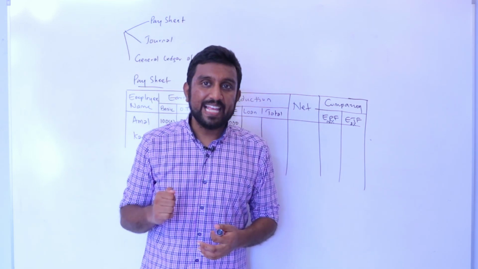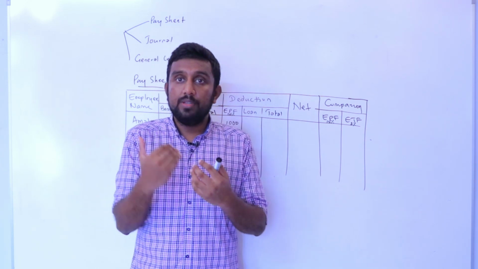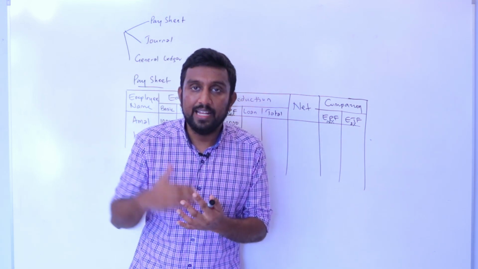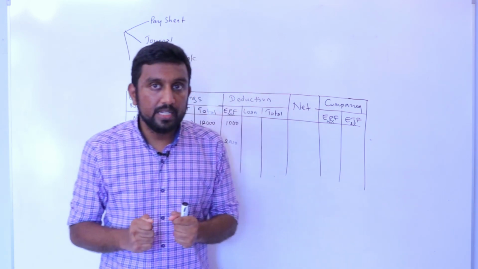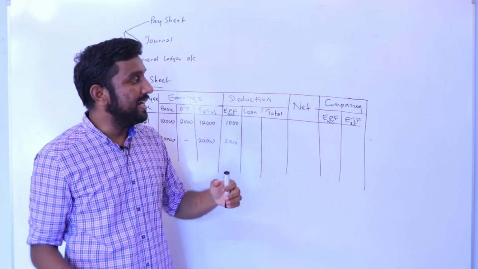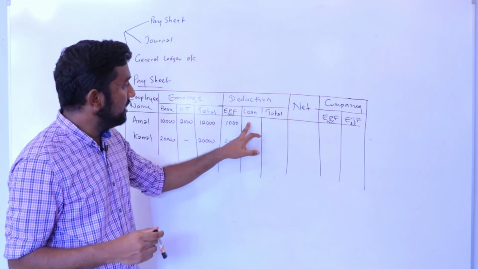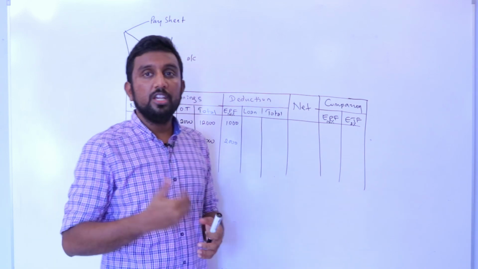It is an asset for the business, because the business gave the loan. It is not that the business received a loan, and it is not about the loan which we already studied under non-current liability. This is a loan which is given by the business to the employee. Therefore, that is an asset. So that point is very important, right? So this is loan deduction. This is not giving a loan to the employee.